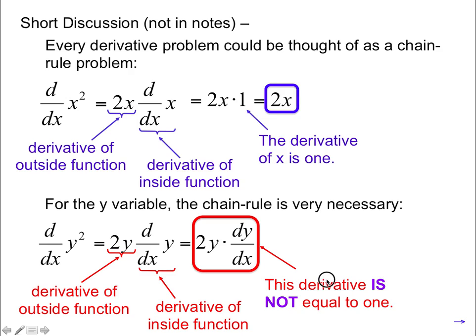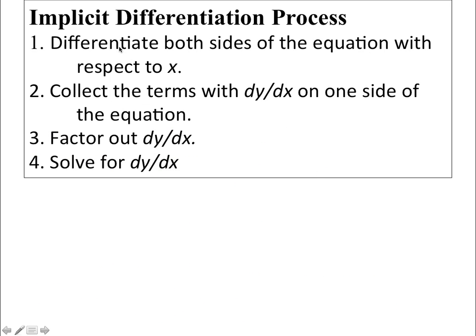So here is the process that you can get down into your notes. We're going to differentiate both sides with respect to x, which means everything that's not in terms of x is going to have to be differentiated with the chain rule. That's going to leave us with a lot of dy dx expressions.